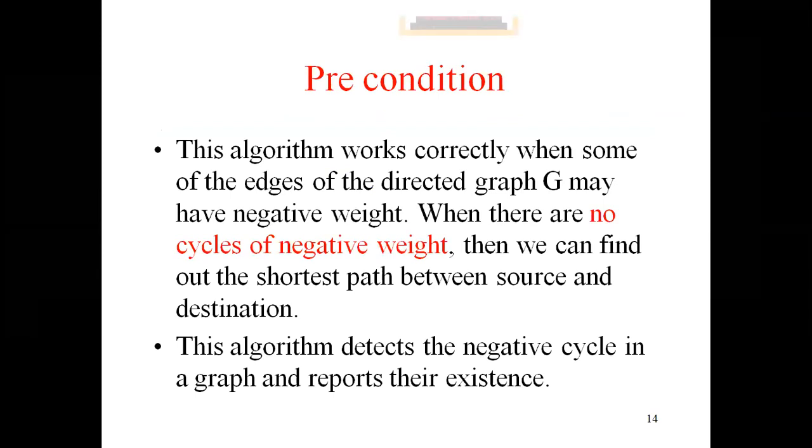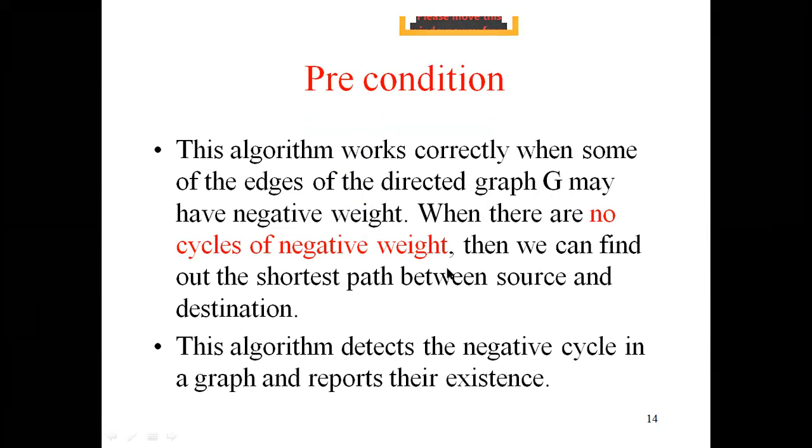So what are the conditions of this Bellman-Ford algorithm? This algorithm works correctly when some of the edges of the directed graph G have negative weight. Even with negative weights, the Bellman-Ford algorithm can work, when there are no cycles of negative weight.